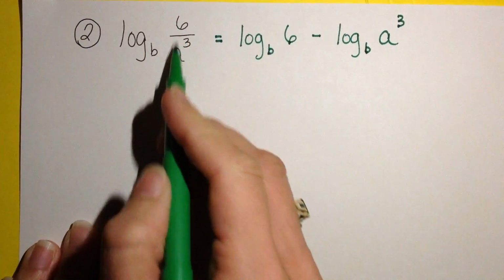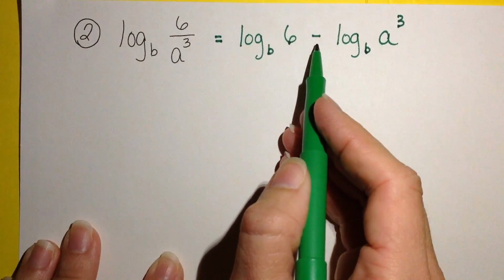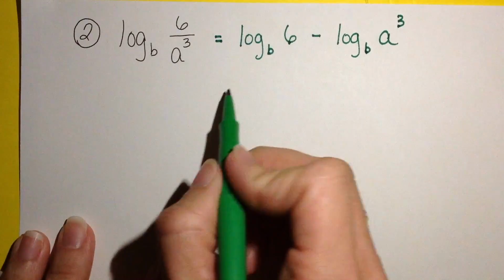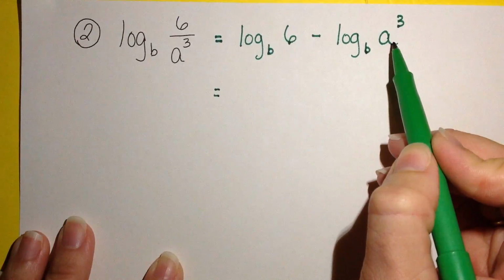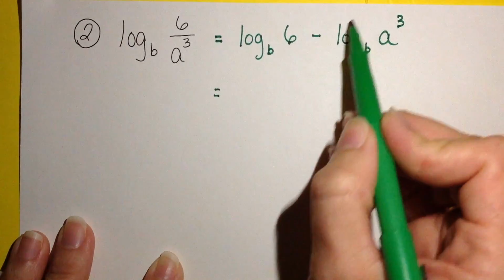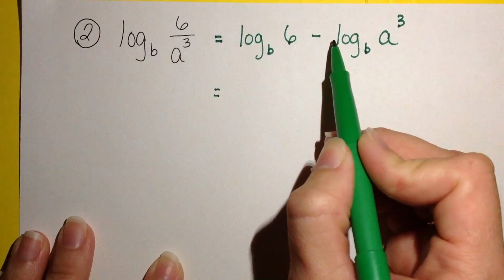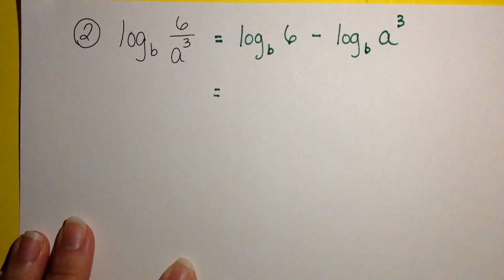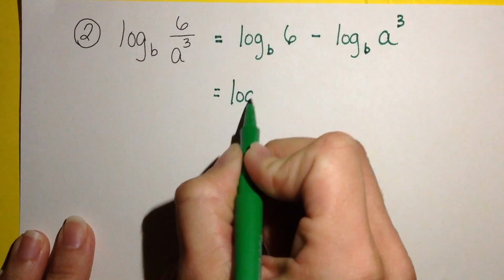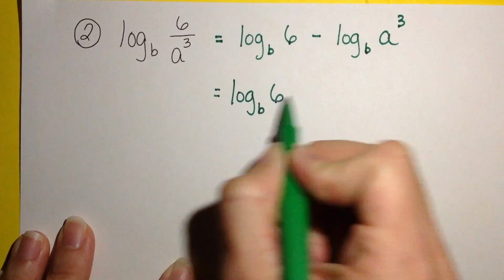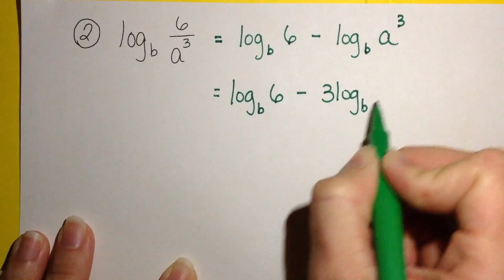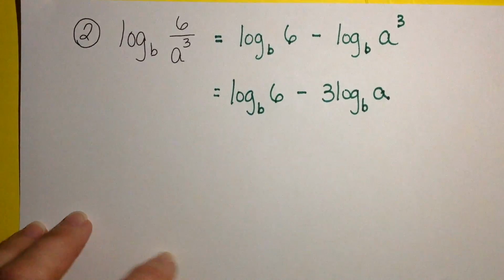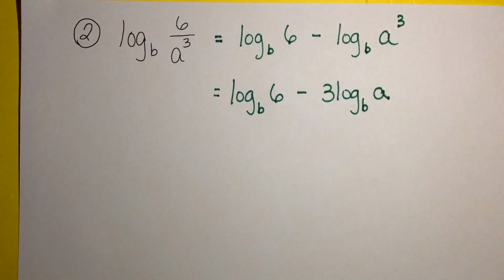When you're splitting up your fraction, you have to use subtraction in between your two terms. Now I have another step because this last argument has the power. So you take your power and put it in front of your log to indicate the multiplication. So you have log base b of 6 minus 3 times log base b of a. That is the expanded form of this log.